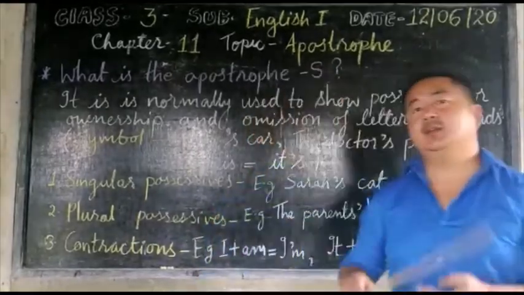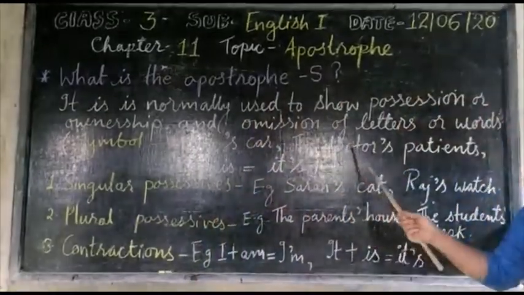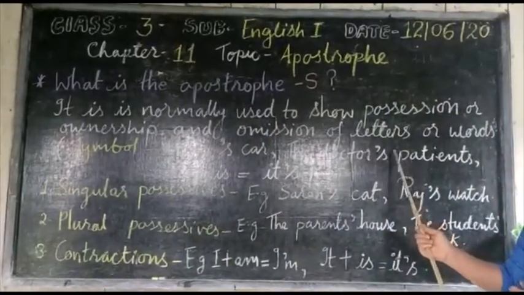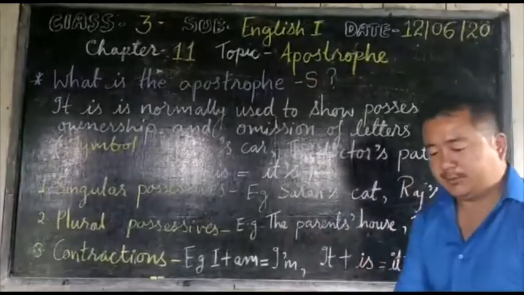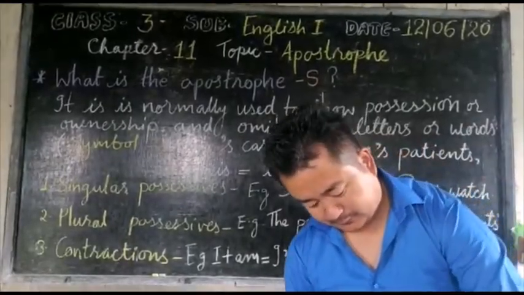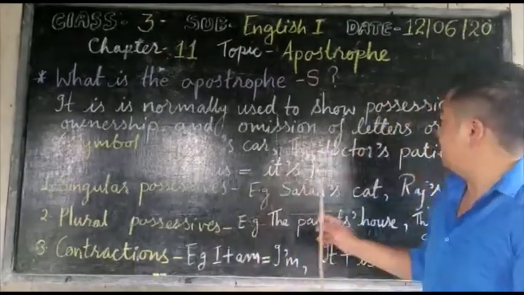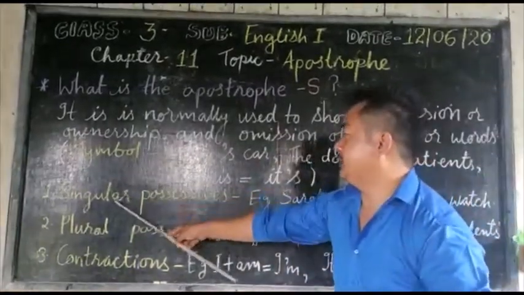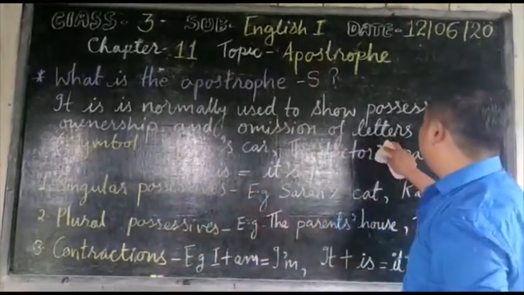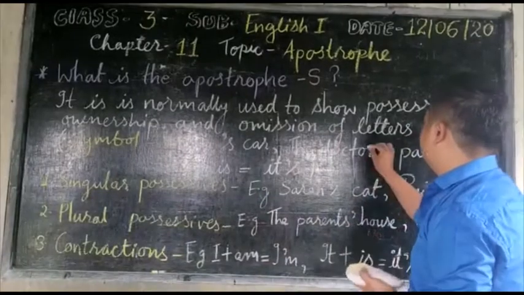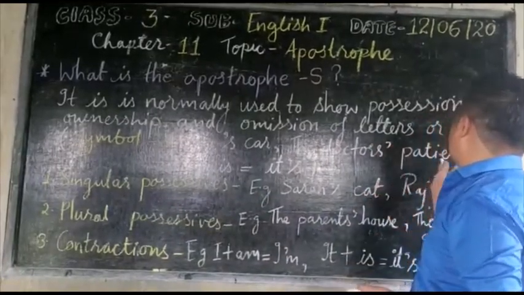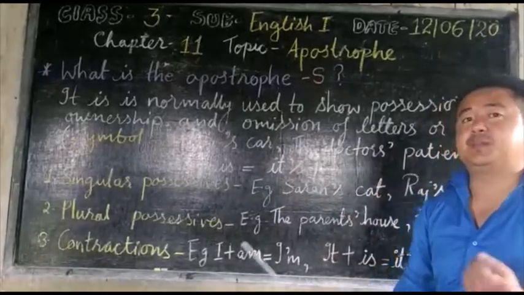For example, here, the doctor's patients. Here it has become an example of singular possessive, but I want to change it into the plural possessive, that is, doctors' patients. Whose patients are they?